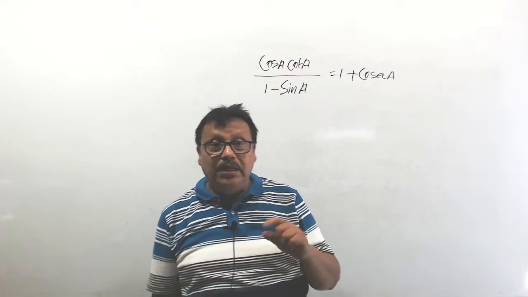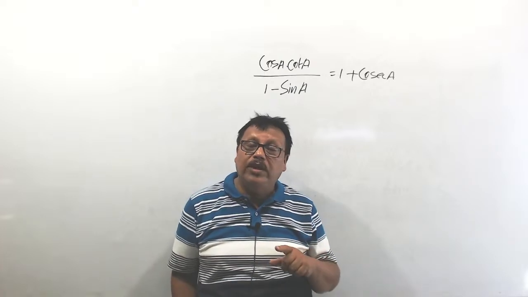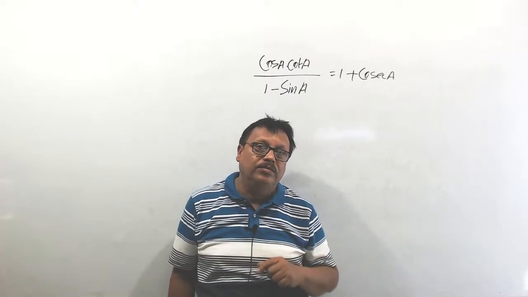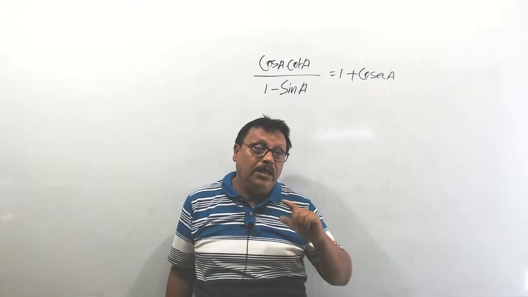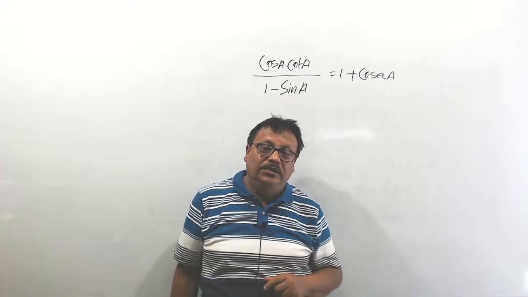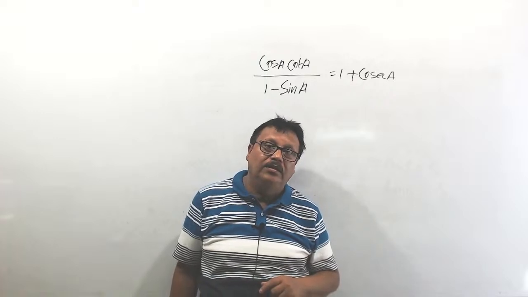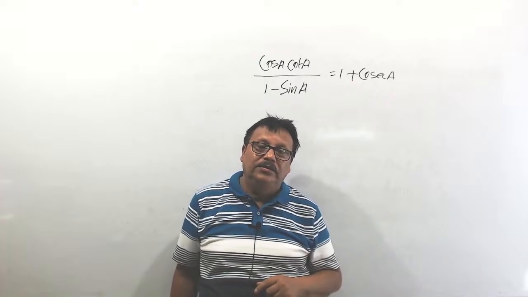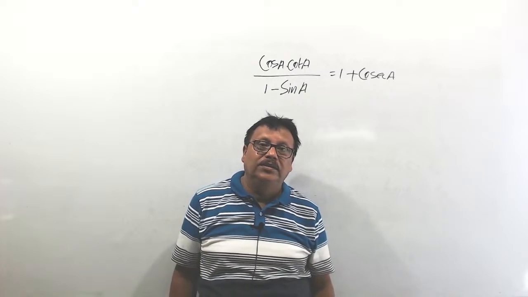Right. But here also sin square 0. What is the value of sin 0? Sin 0 is 0. When you go to higher class, you will get the values. And what is the value of cos 0? Cos 0 is 1. Okay.